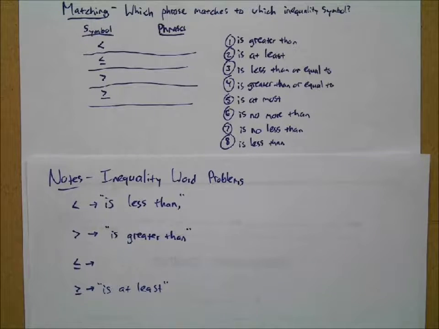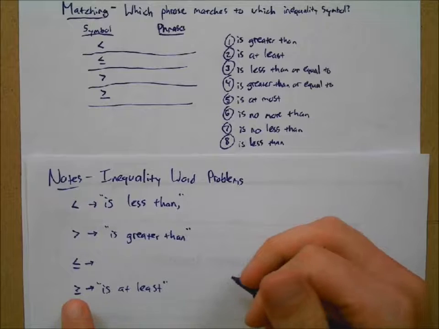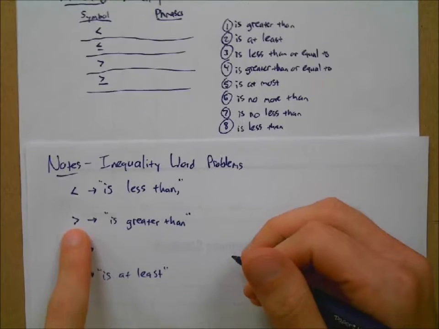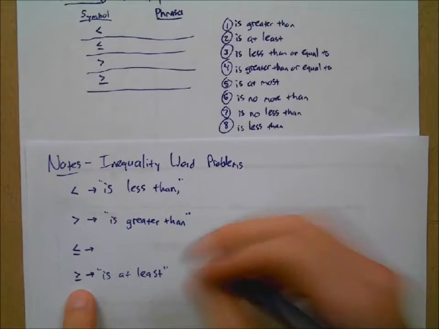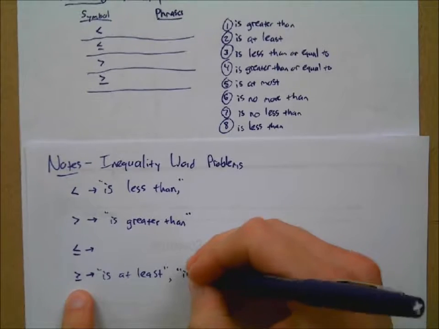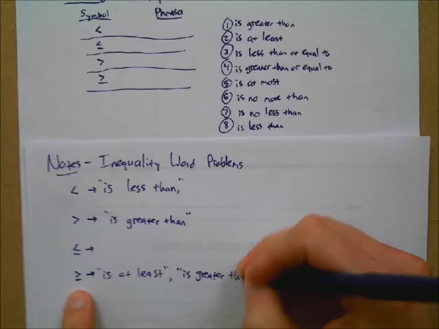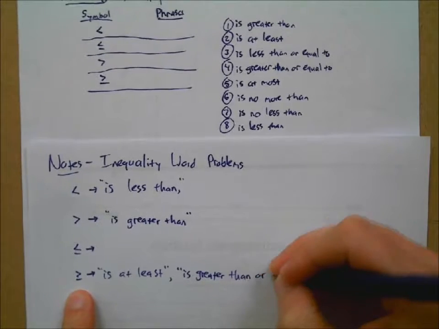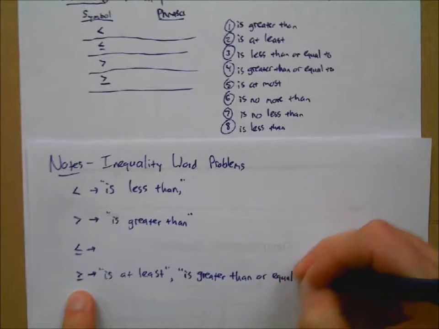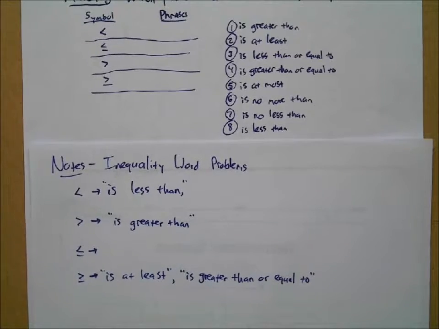Okay, yes. Okay, so greater than or equal to, that'll go for this one though, right? Because this one doesn't have the equal to sign. So we're going to put this one right here. Is greater than, okay, or equal to. Okay, is greater than or equal to.